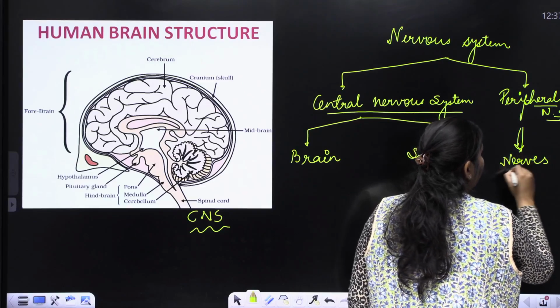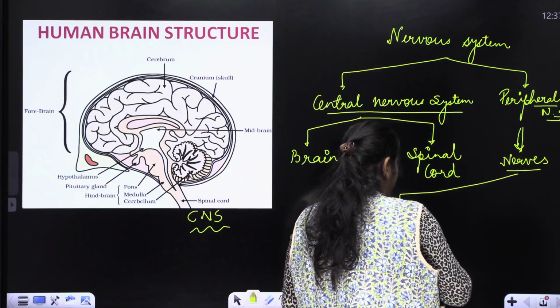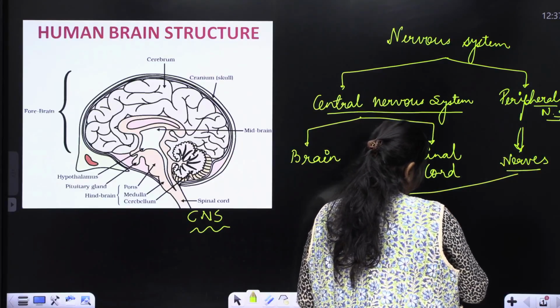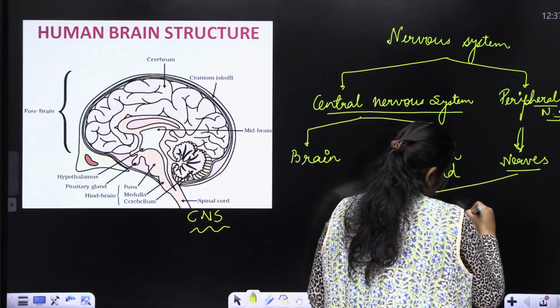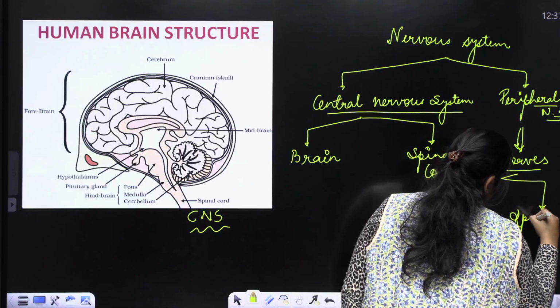The nerves are of two types: the cranial nerves and the spinal nerves.